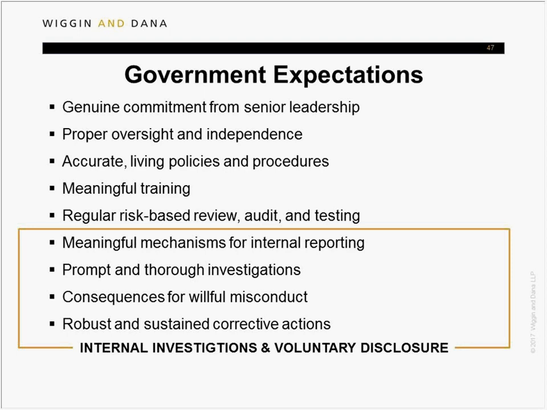And they also expect that if somebody in the company is just a bad apple and wants to, for example, boost their sales numbers by arranging for things to be sold to Iran when they're not allowed to be sold to Iran, that that person will be punished and gotten rid of so that the company doesn't have an ongoing problem. And so this bottom part of the chart of government expectations has to do with investigations and disclosures.